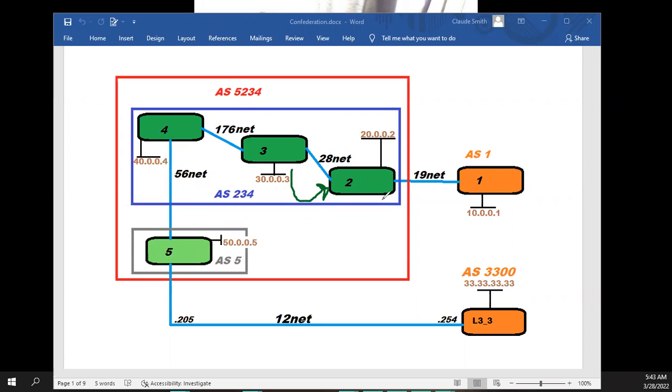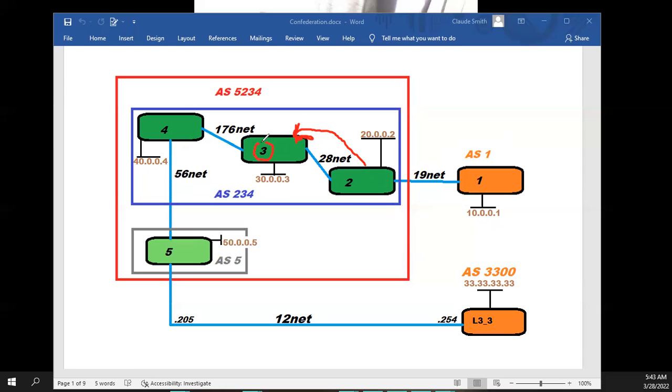Now, here's another inherited problem that we have to deal with. Back when I was saying earlier that router number 2 tells router number 3 all this good information about this autonomous system that it knows about. Now, here's the rule. This is one of BGP's loop prevention rules.